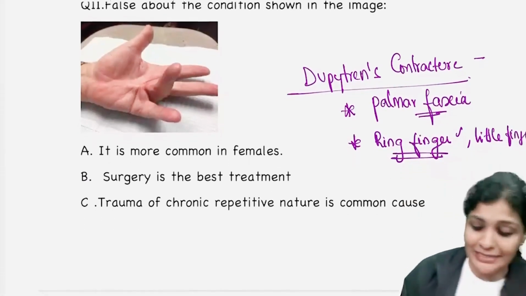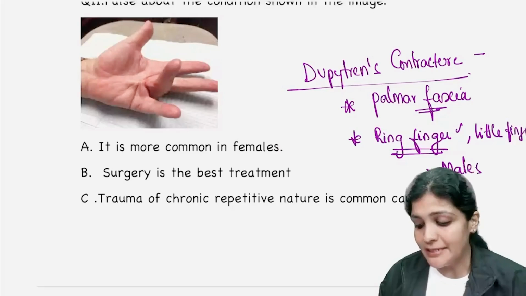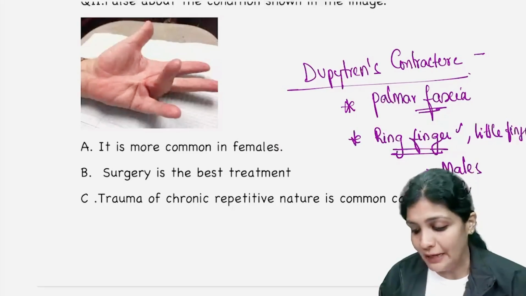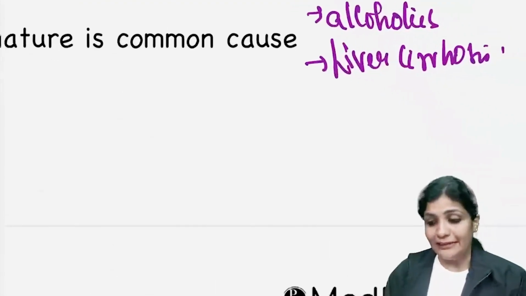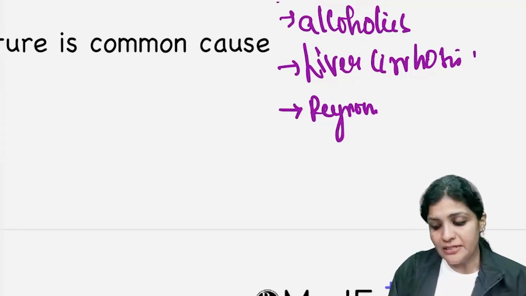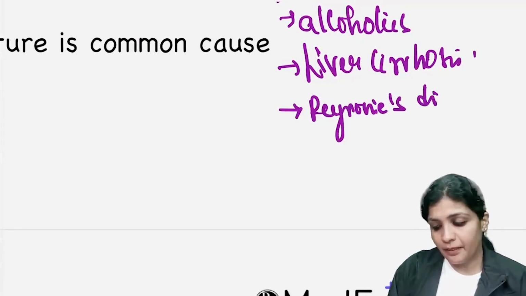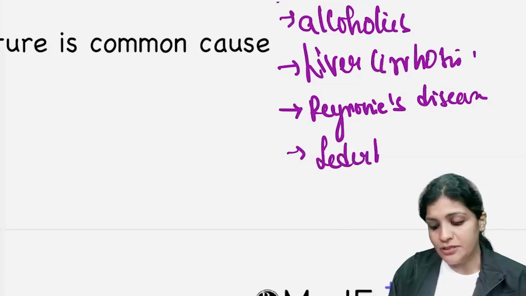It is most commonly seen in males, in alcoholics, and in liver cirrhosis. It is also associated with other conditions like Peyronie's disease of the penis and Ledderhose disease.